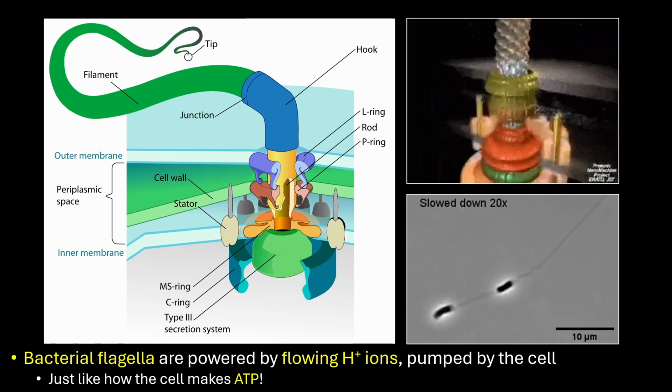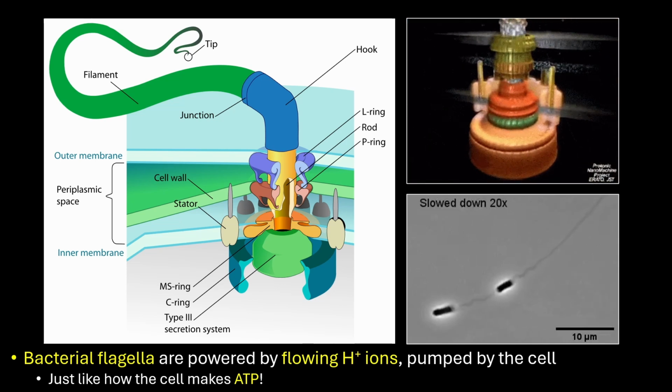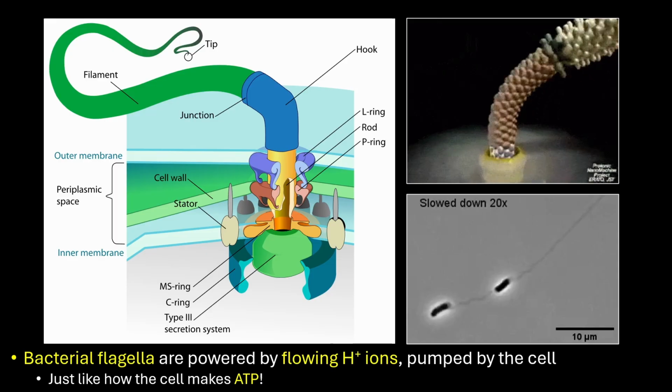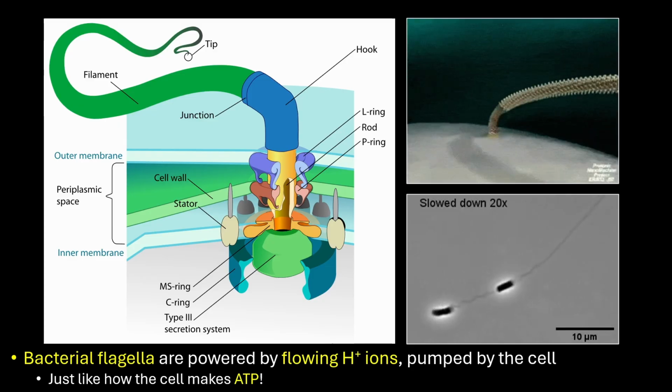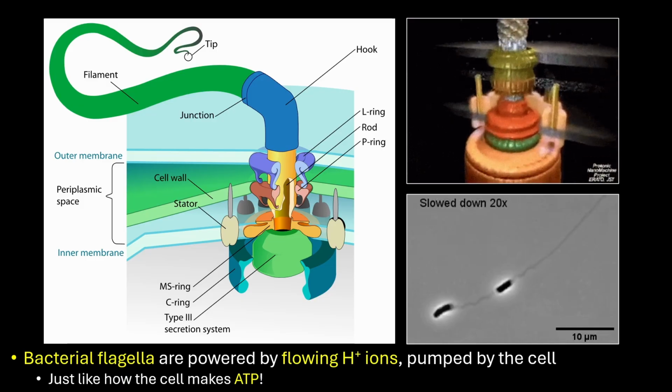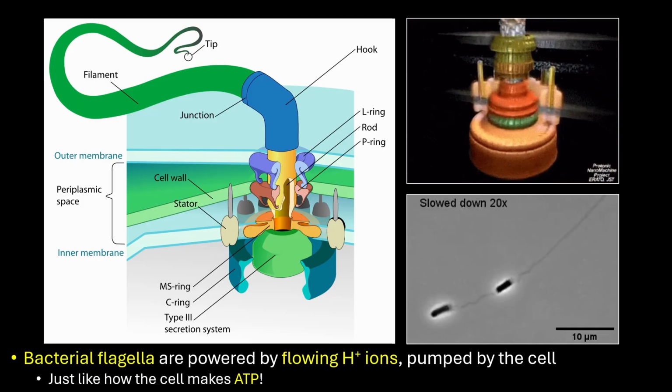So bacterial flagella, the way they work is pretty interesting too, because previously we talked about the way that cells can generate ATP through this process of moving around hydrogen ions and making them flow like water over a water wheel. So that structure is how we generate ATP. It's how our mitochondria generate ATP, and it's also how bacterial cells do this on their cell membranes.